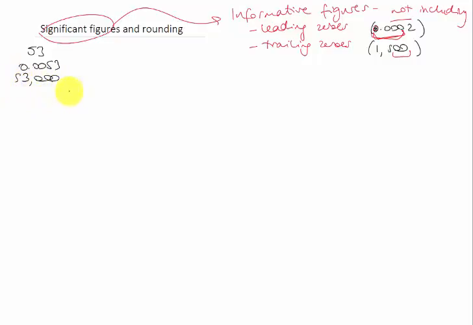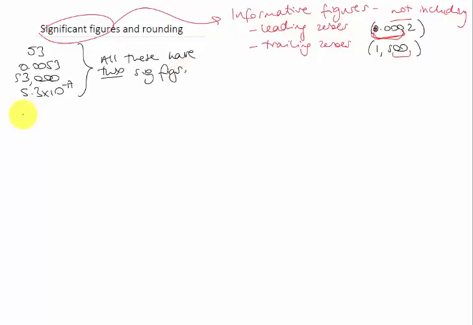It's 53. And then we've got something like 5.3 times 10 to the minus 17. So that's 1, 2, and then all this is zeros that don't give us useful information. So all of these have 2 significant figures.